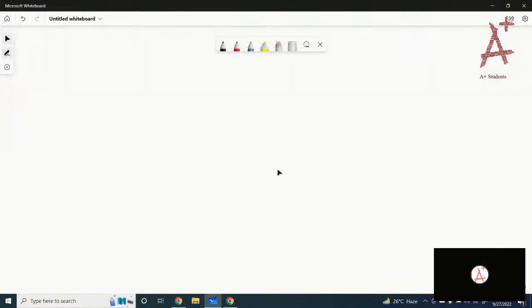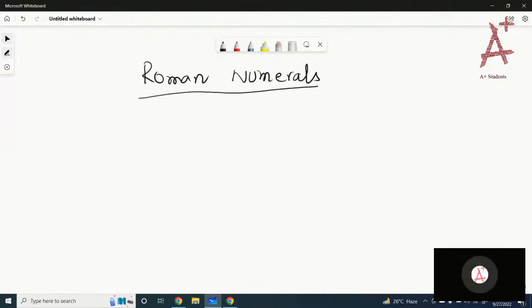So basically, Roman numerals are just another way to represent numbers. So we're going to start with Roman numerals.